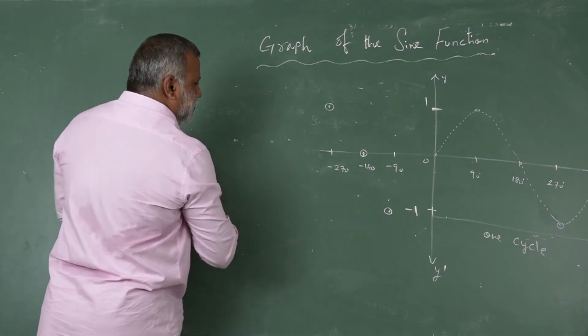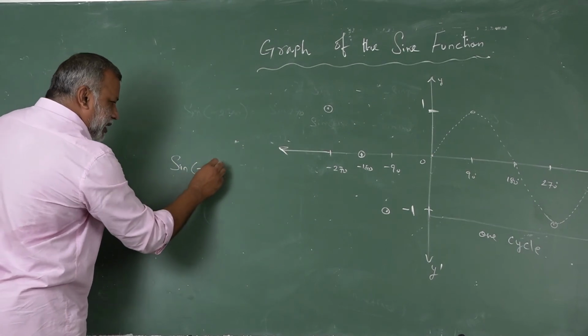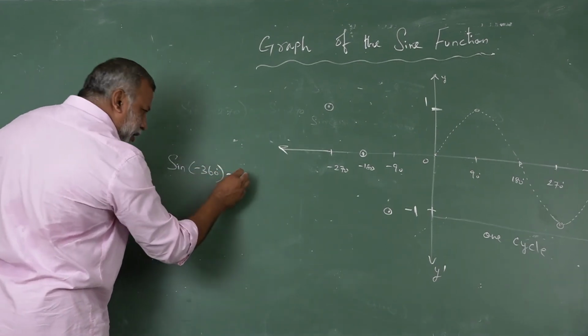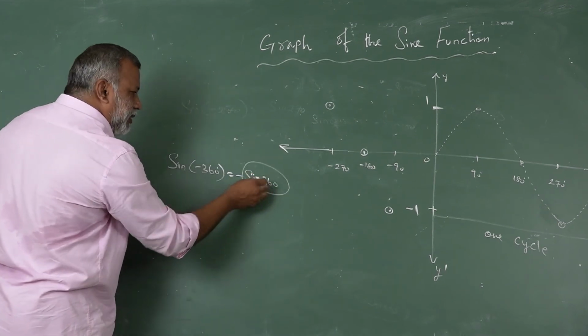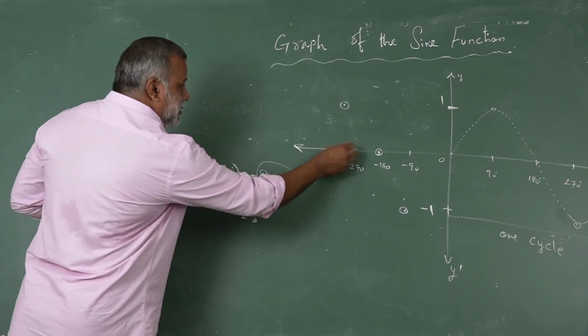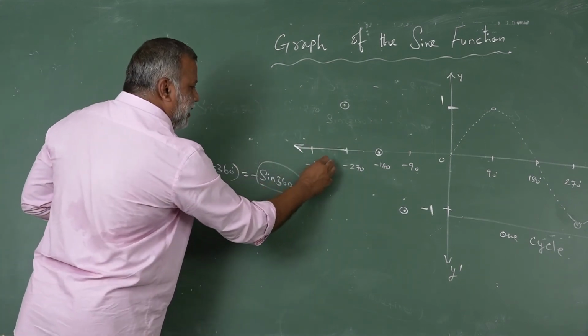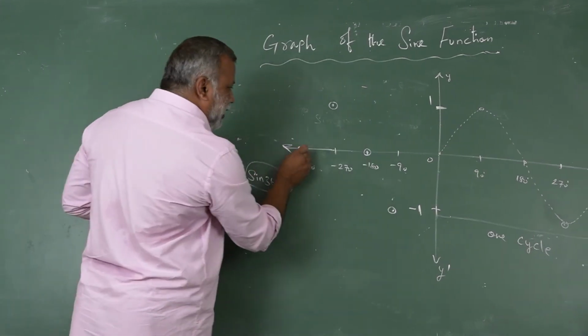Once again, 360: sine of minus 360 equal to minus sine 360. 360 produces 0, that means 0 only. Here negative 360 takes 0. Now join all these points.